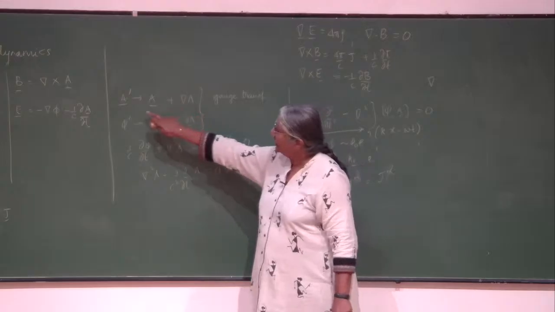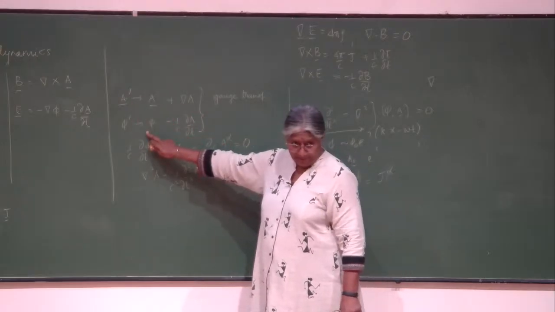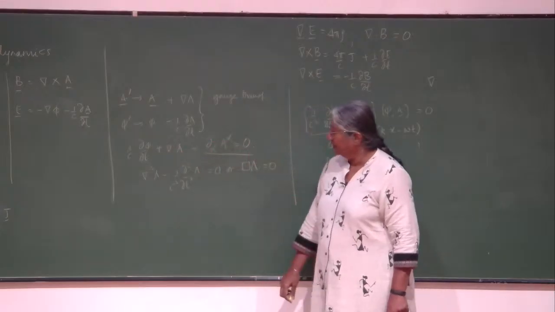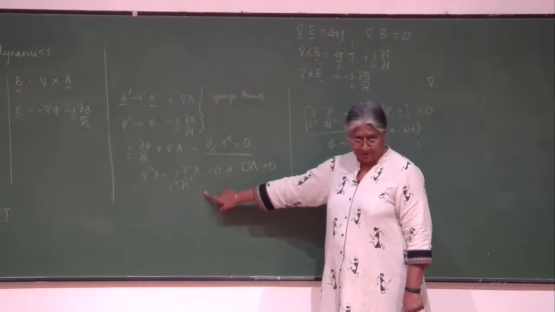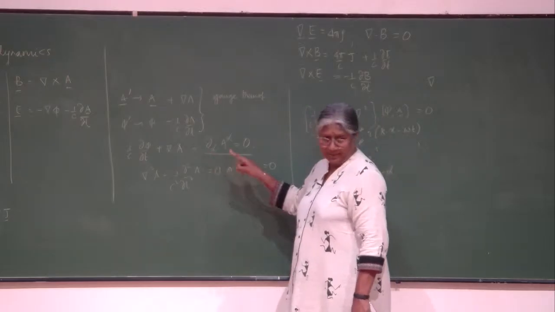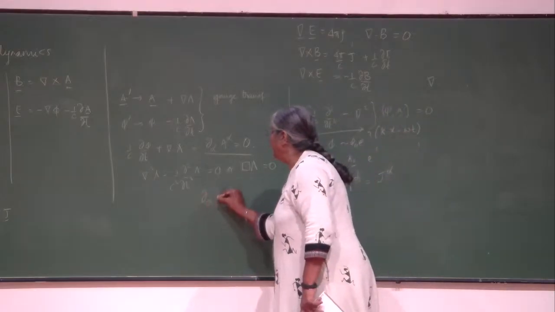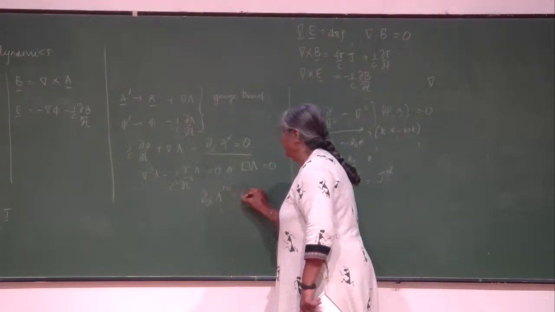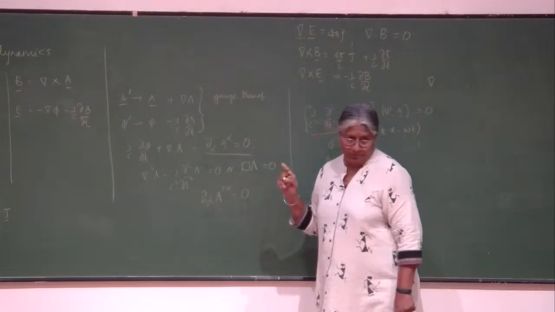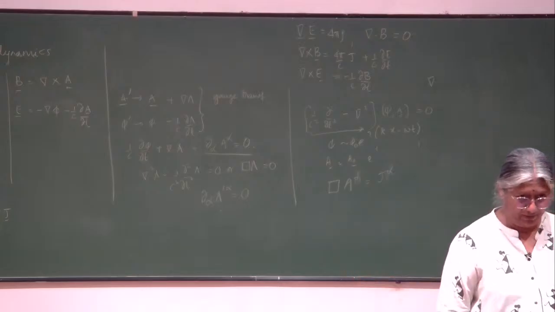I have added the gradient of that to A, I have added the time derivative of that to phi, such that I get this condition. And where do I get this condition from? I get this condition from the requirement that if I start out with d alpha A alpha equal to 0, I must remain with d alpha A prime alpha equal to 0. And this box lambda equal to 0 will satisfy that constraint. You can see that that also looks like a wave equation for lambda, right?